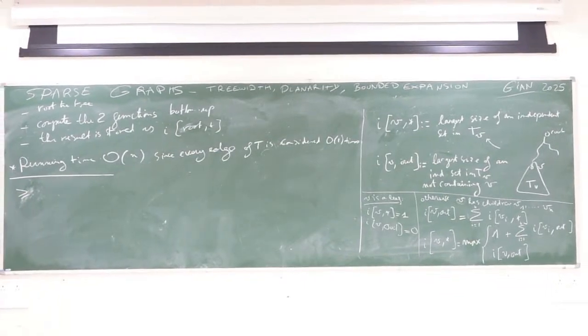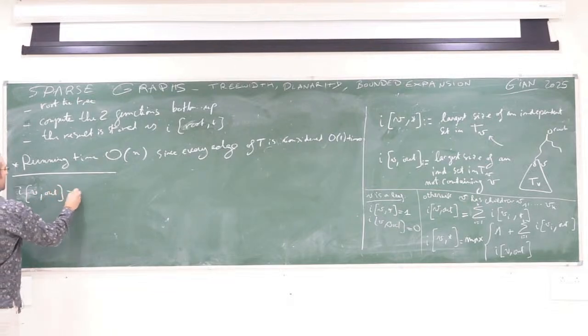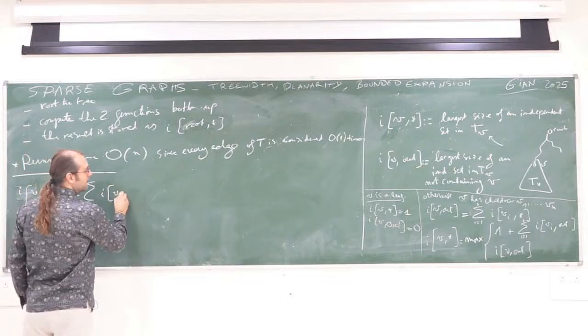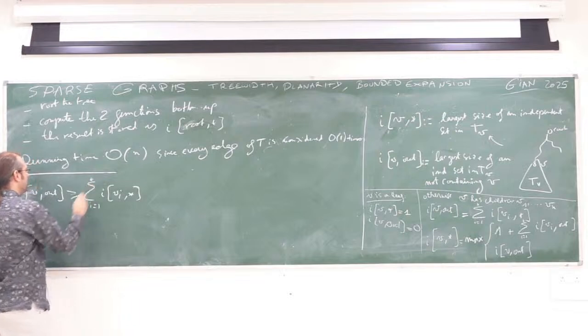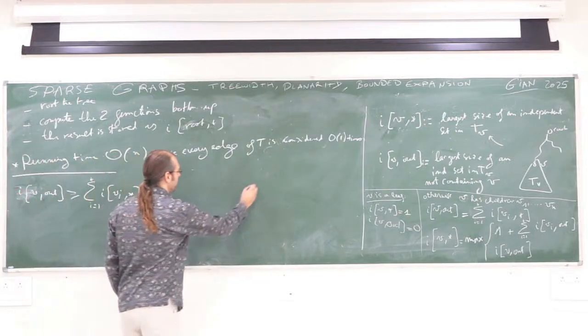In this case, let's take one of them. I want to prove this: it's at least the sum. And then the second thing is at most.